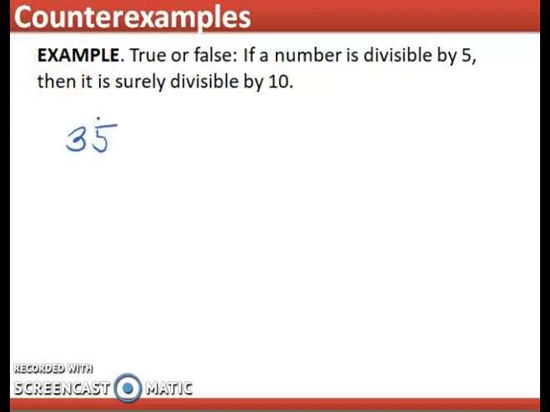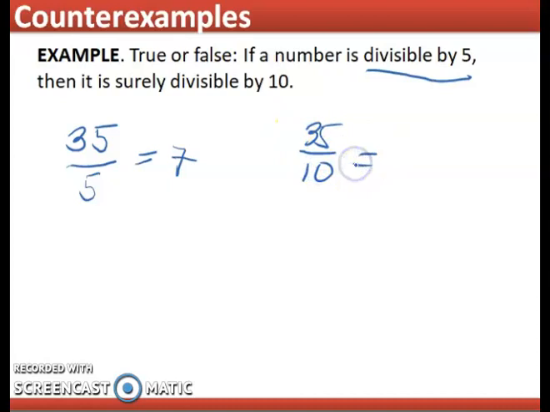Okay, but when we consider the number 35, alright, is 35 divisible by 5? So 35 divided by 5 is 7. So it is exact, 7. So it is divisible by 5. Is it divisible by 10? Okay, so 35 divided by 10 is around 3, remainder 5, or 3.5.